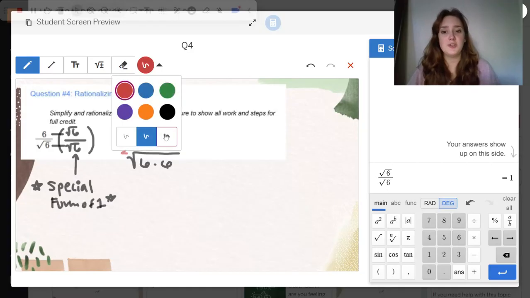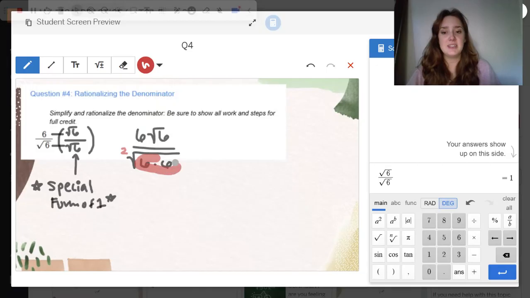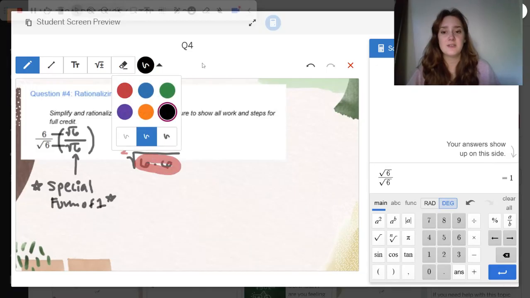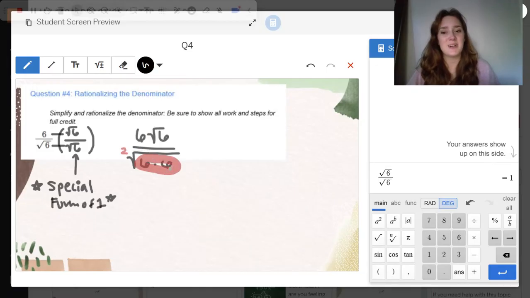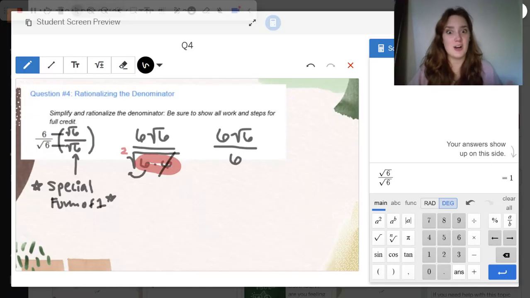We're looking for a group of 2 of the same number, and we can see, hurrah, we've got 2 of the same number. 1 cancels, the other is factored. Numerator is 6 rad 6. Denominator is now positive 6, all right? Because now the radical is no more, it is gone.